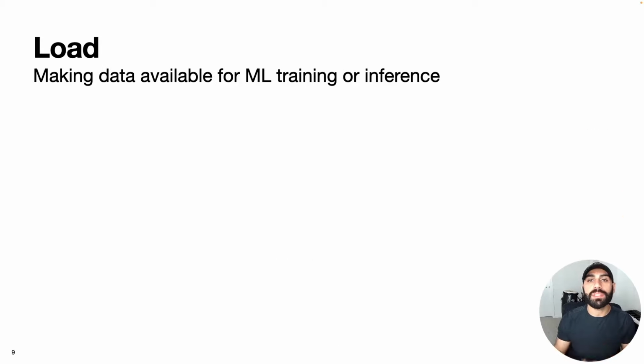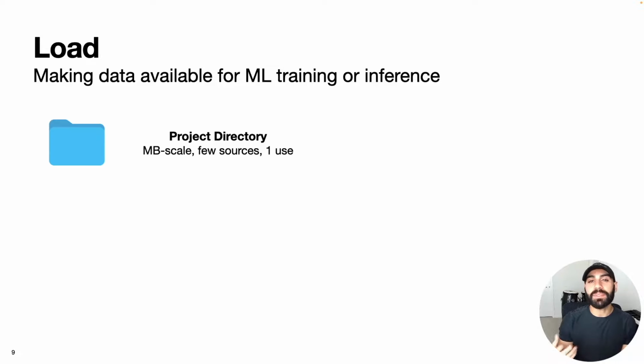Finally, we have the load step, which is about making data available for machine learning training or inference. While the details of the load process will depend on the specific use case, here I'm going to walk through a handful of storage solutions and when it might make sense to use each of them. The simplest way to load your data is to save it in the same directory as your machine learning project.